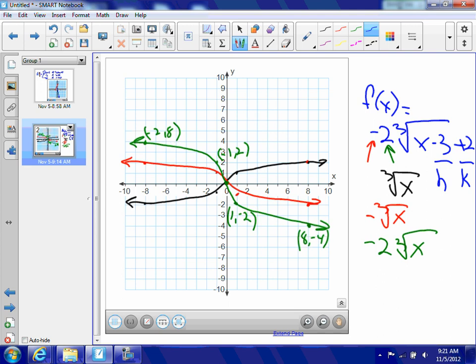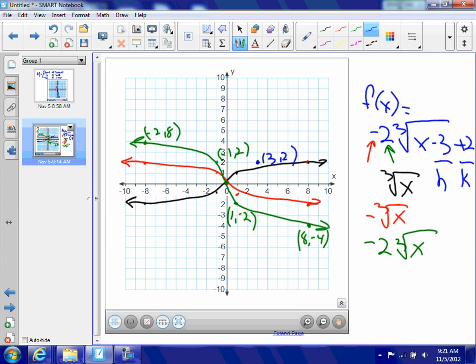So every one of my points, I'm going to move to the right 3 and up 2. I'll start with my origin right here. I'm going to move to the right 3, 1, 2, 3, and up 2, 1, 2. That's my new kind of origin, so to speak. I can label that point right while I'm doing it here. If it was 0, 0, now it's going to be 3, 2.